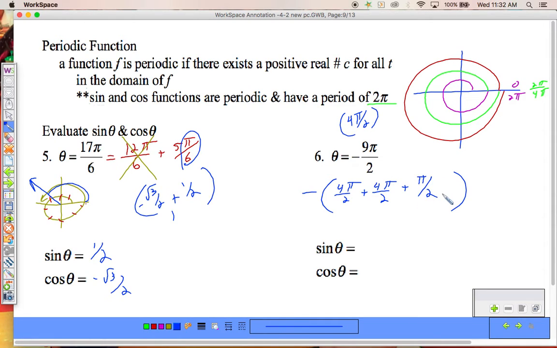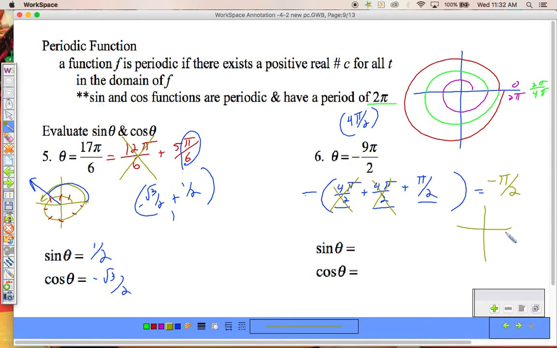So what I'm doing is I'm recognizing how many full rotations I have in this. So I'm going to rotate down 1 circle, 2 circles, and pi over 2. But those aren't important, so all I'm really going to think about is negative pi over 2.